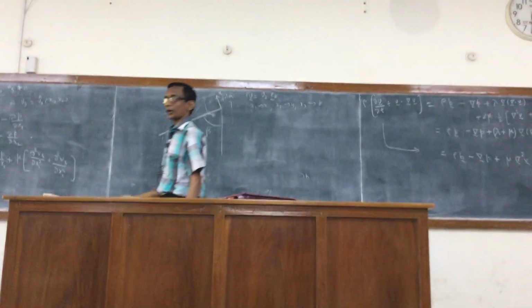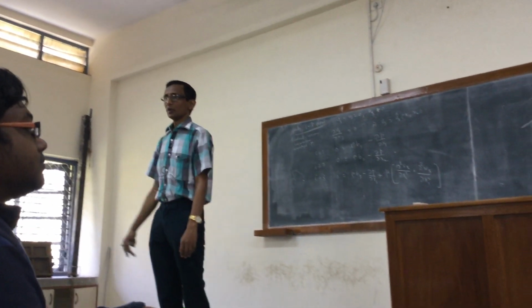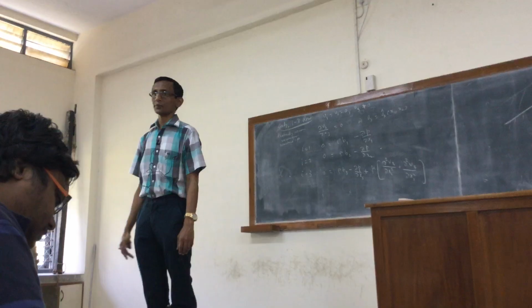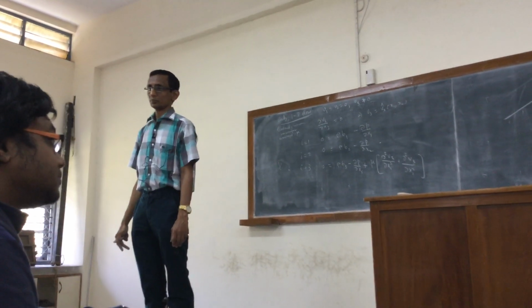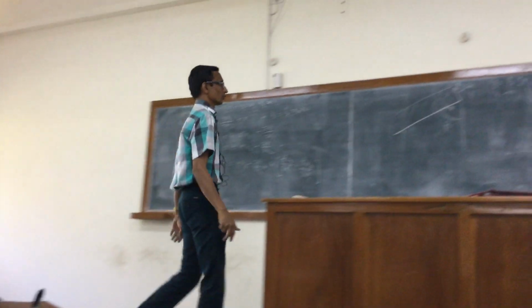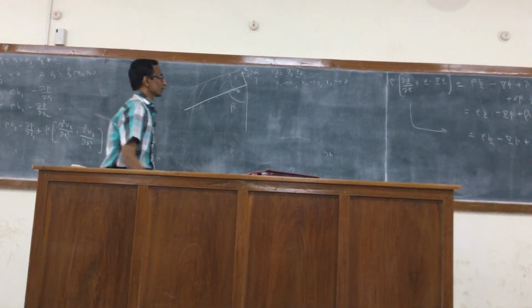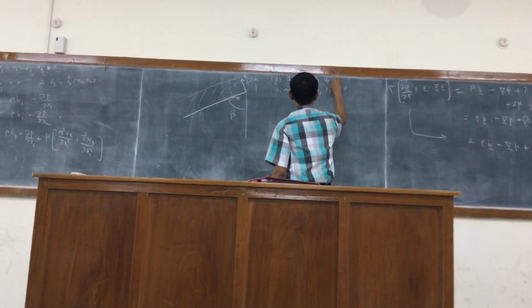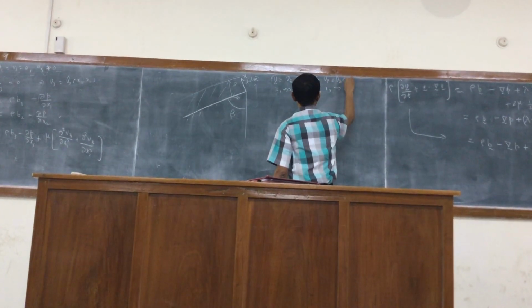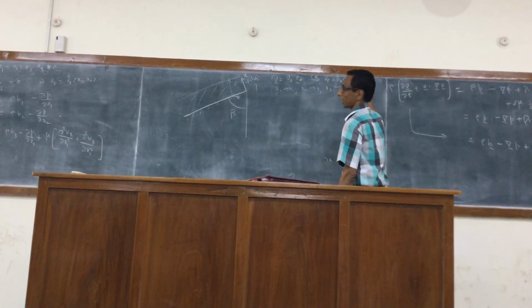That also we have to contend with. Most of the problems in the books don't call it x1, x2, x3, they call it x, y, z. So we have to make the connection. So what we get from the continuity equation is that vz is a function of simply x and y.